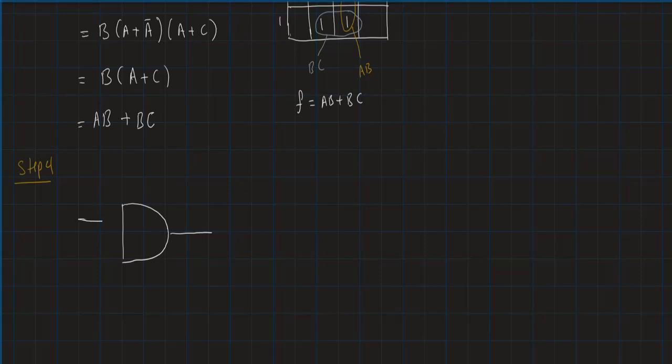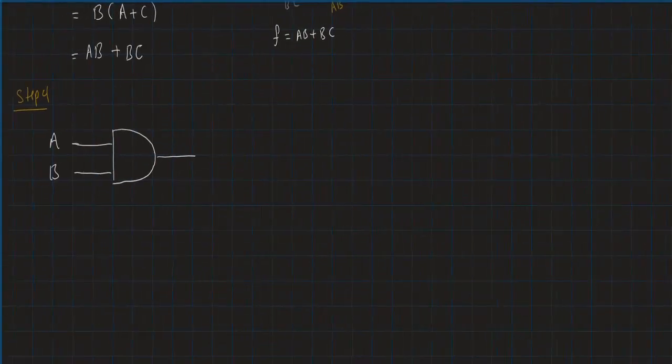And the inputs here are A and B. And then I have another AND gate like this. And the inputs here are B, so I'll take B from here, and then I have also C. And then of course I have an OR gate.